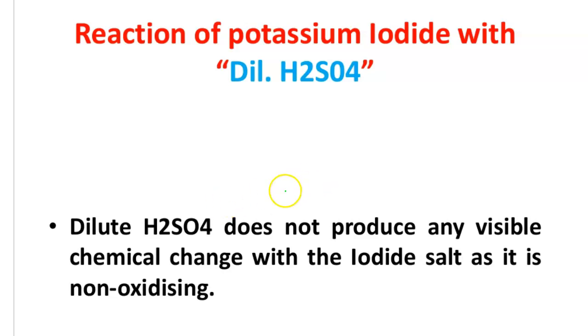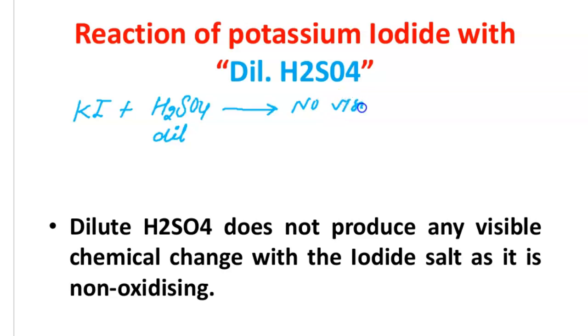When we treat a potassium iodide salt with dilute H2SO4, it will not produce any visible chemical change, and that confirms that conc H2SO4 and dilute H2SO4 behave differently.